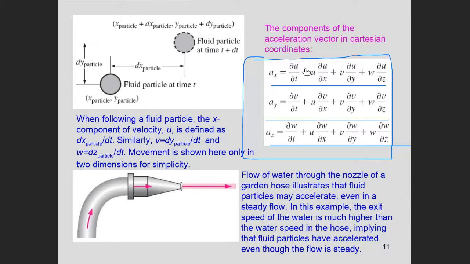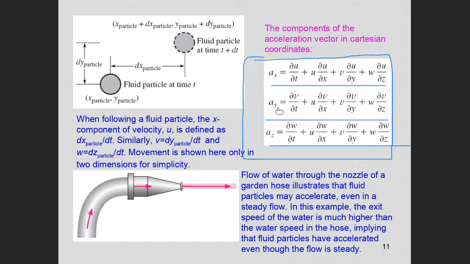Ax is the acceleration along the x. It is del u by del t, plus u del u by del x, plus v del u by del y, plus w del u by del z. You are always differentiating the x velocity u with respect to t, x, y, and z, and multiplying by the relevant component of velocity.